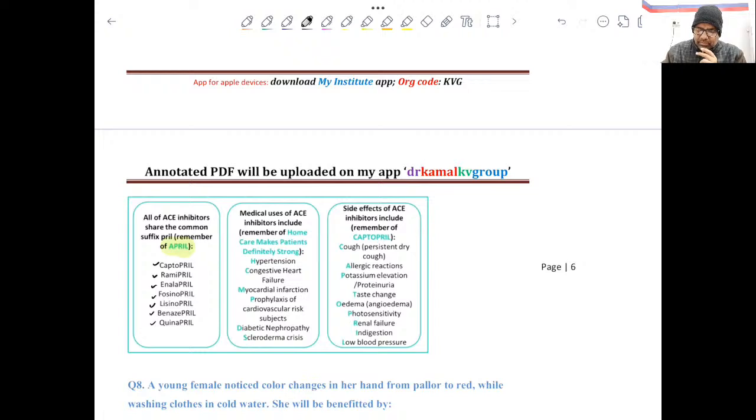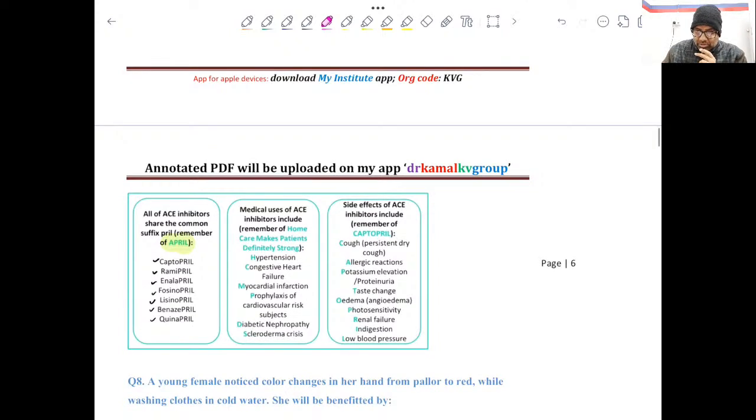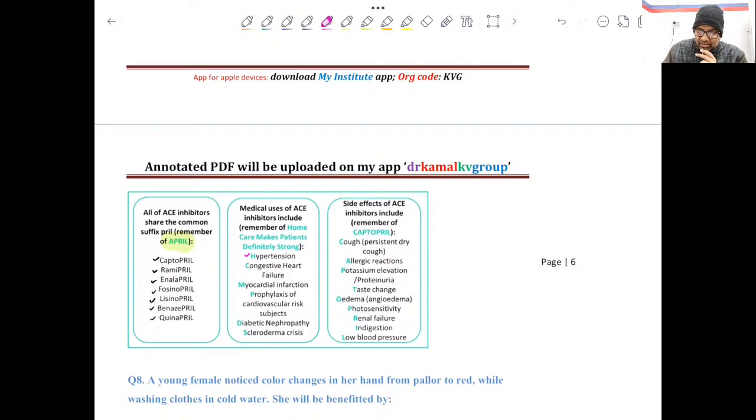And the indications where they are used, obviously one is hypertension, then congestive cardiac failure, then myocardial infarction, prophylaxis of cardiovascular risk subjects, diabetic nephropathy, and scleroderma crisis. So the important ones are obviously hypertension, congestive cardiac failure, diabetic nephropathy. So these are important indications.